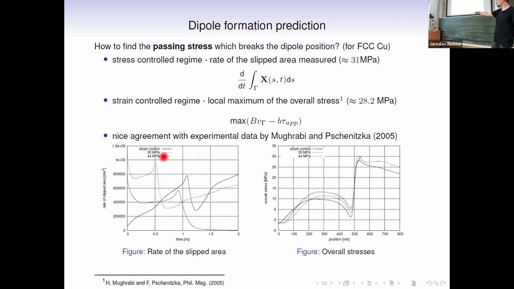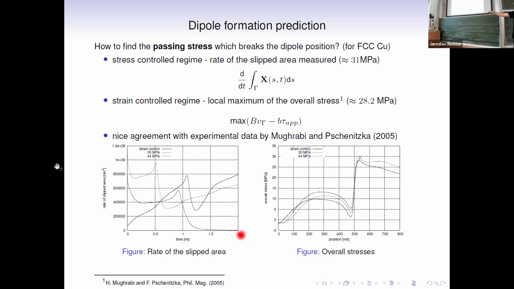So we are tracking the time change of the slipped area, and we were basically doing a bisection. Once we found a stable configuration, we specified by a few more iterations the approximate value of the stress at which the rate of the slipped area reaches zero.